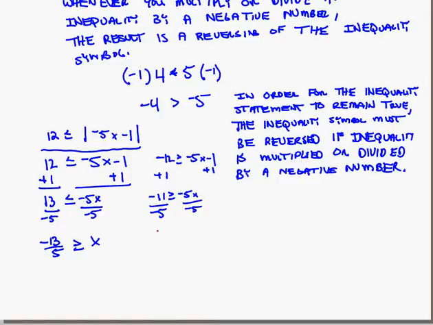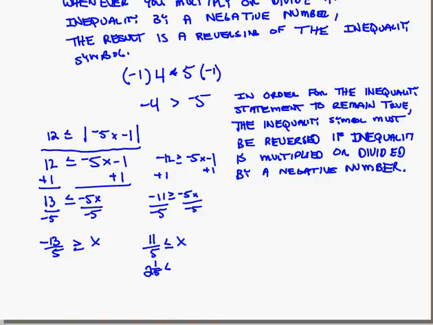Okay? So, if I look at this, x is greater than or equal to 11 fifths. By the way, 11 fifths would be what? That'd be 2 1/5. We could also write that as x being greater than or equal to 2 1/5.